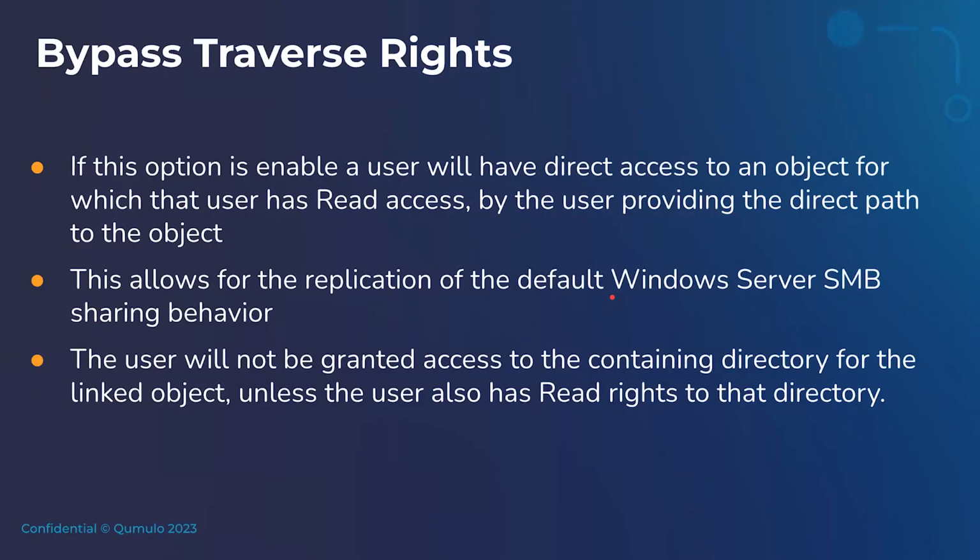Now, bypass traverse checking is another option that causes some confusion. If this option is enabled, and it is enabled in the system, a user will have direct access to any object for which that user has read access by providing the direct path to it. So what does that mean?